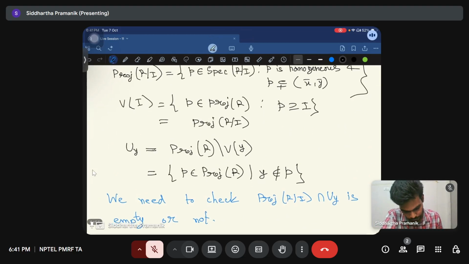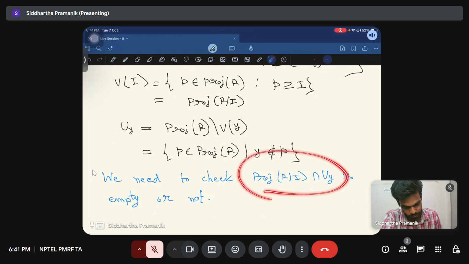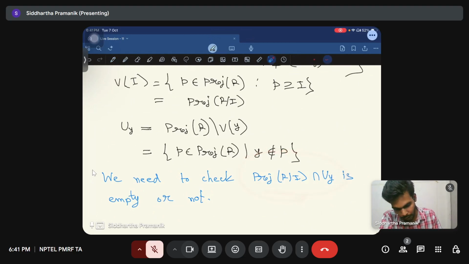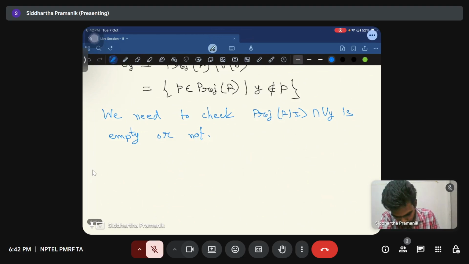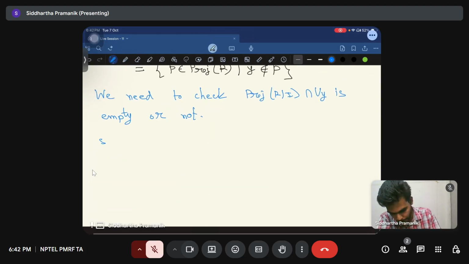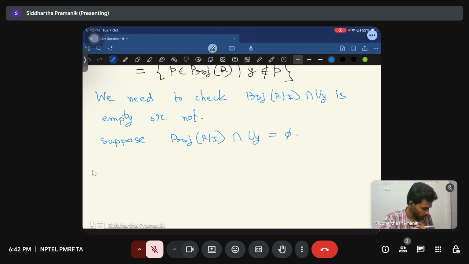So we need to check about this intersection. So what happens if this intersection is empty? Suppose this Proj of R mod I intersection this open set U y is empty. Now what does this mean?